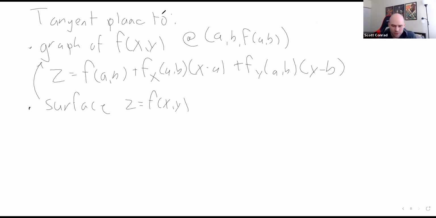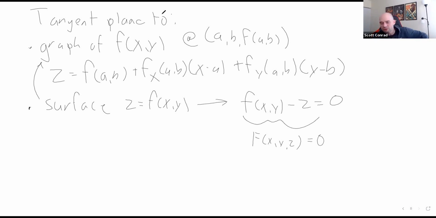So what we can do is what we just did in the previous case, throw everything on one side and write it as little f(x,y) minus z equals 0. So we're going to take everything on the left-hand side to be now a function of three variables, x, y, and z. So now this is a level surface, big F(x,y,z) equals 0, where big F(x,y,z) is just our function of two variables minus z.